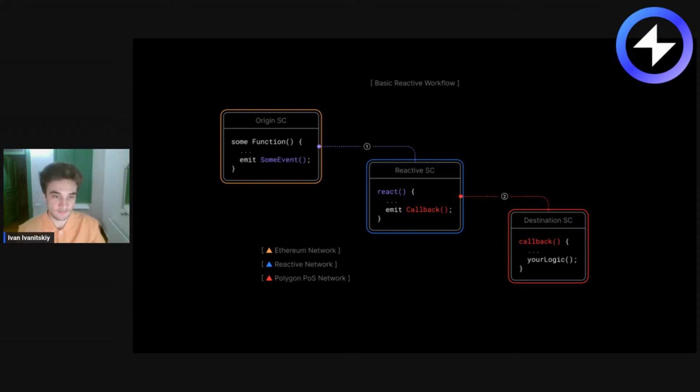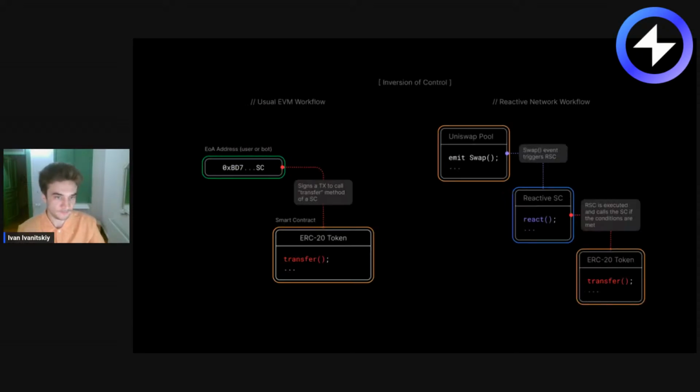And you don't need to learn any new language. You just need to deploy an additional smart contract, which is a reactive smart contract on Reactive Network. And it's deployed basically the same way as any other smart contract on any other EVM chain, right? So let's go to the next one.